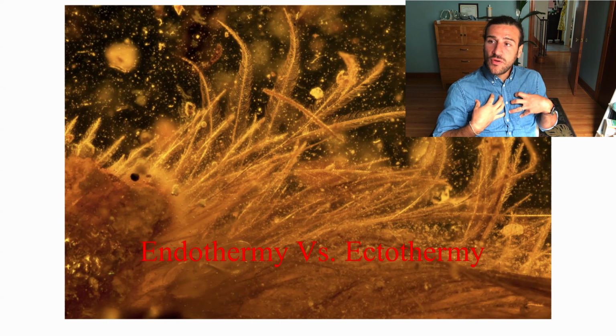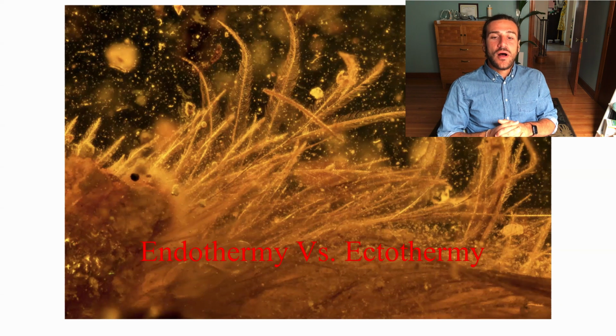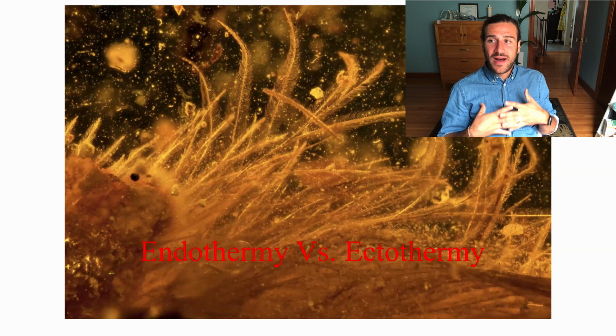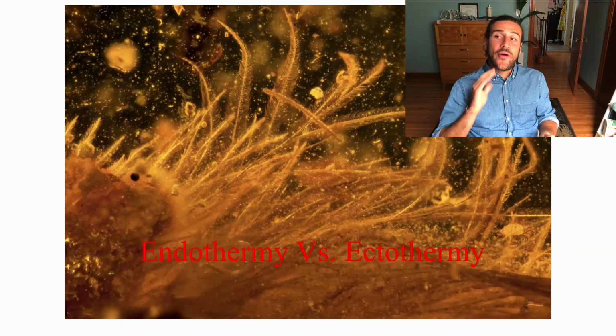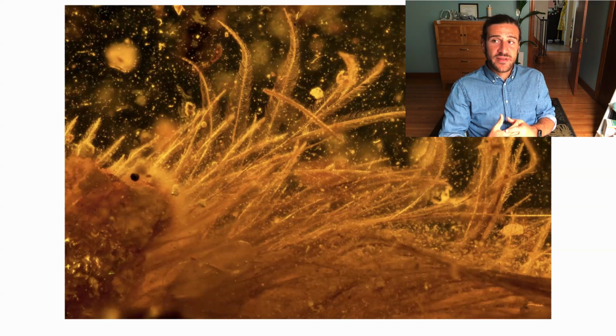Birds, like humans and other mammals, are endothermic. So we create our own heat, we maintain our own body's temperature. Now, ectothermic animals, ectotherms, depend on their environment to heat up their body so they can carry out their metabolism.